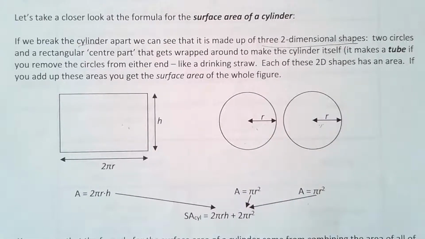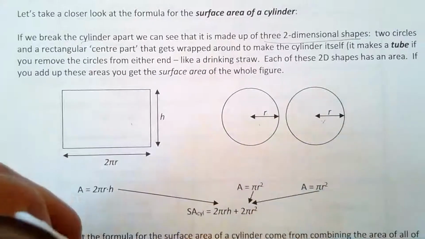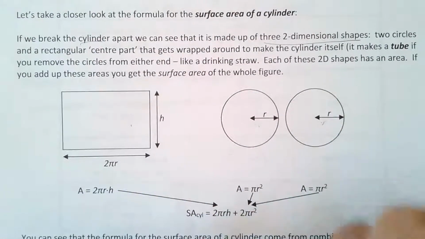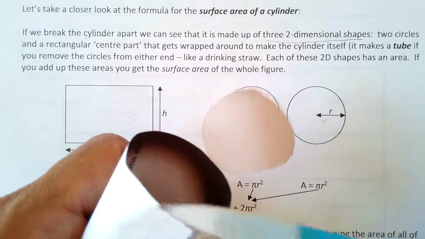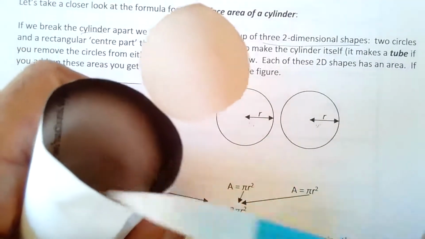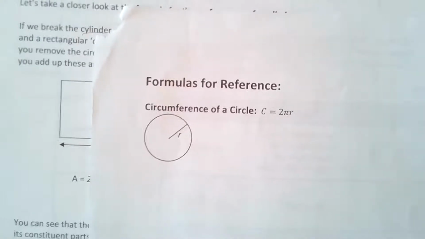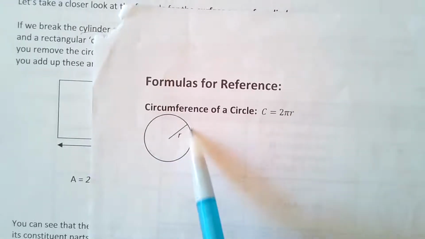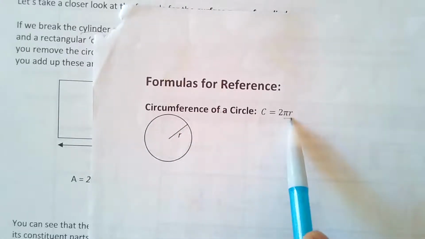Now, this is the side, the rectangle, right? If you were to rip it apart, but it's actually a circle. If you look at it here, it's a circle. Now, the distance around a circle is called the circumference. If you go back to our formula, the distance around the circle, the perimeter, the circumference, is 2 pi r.